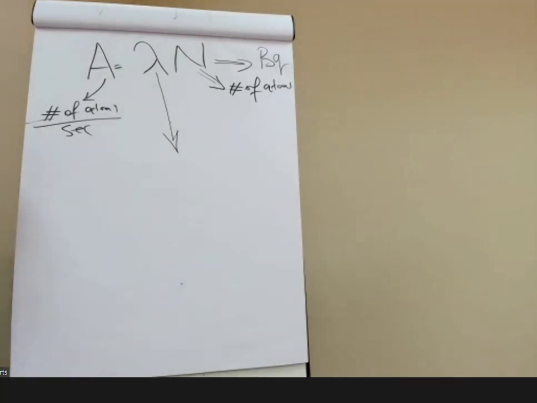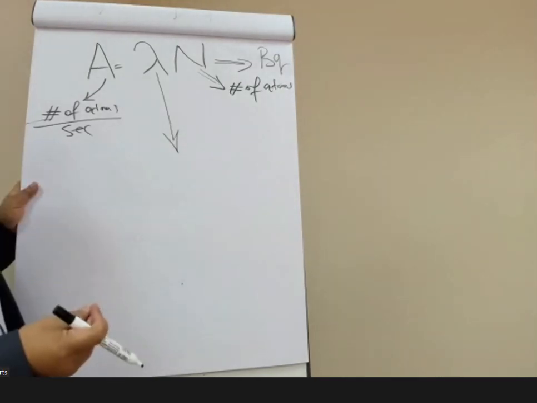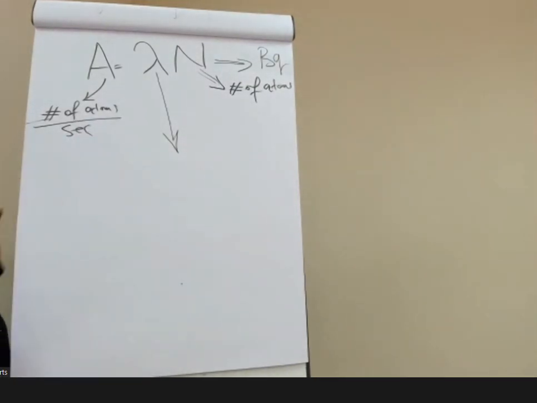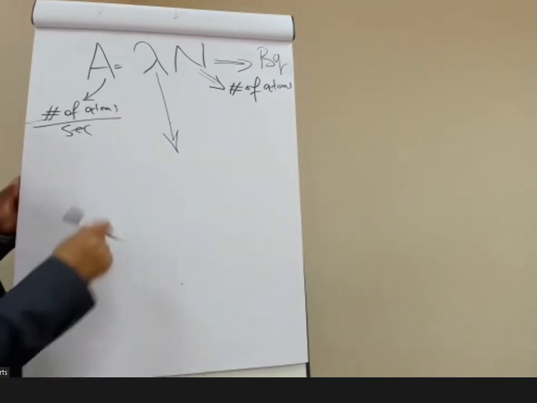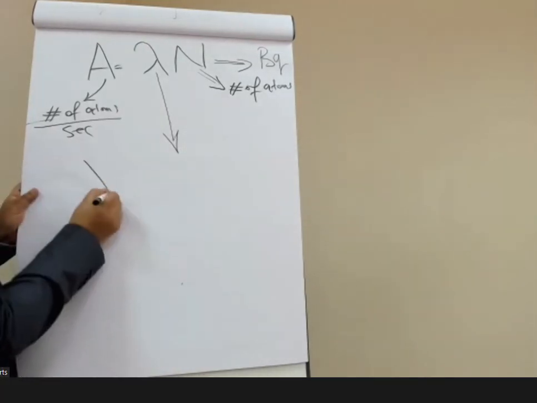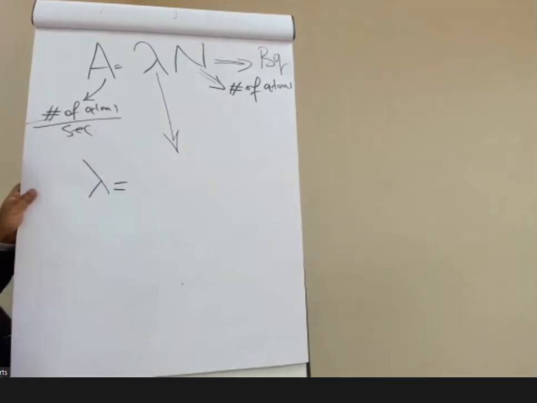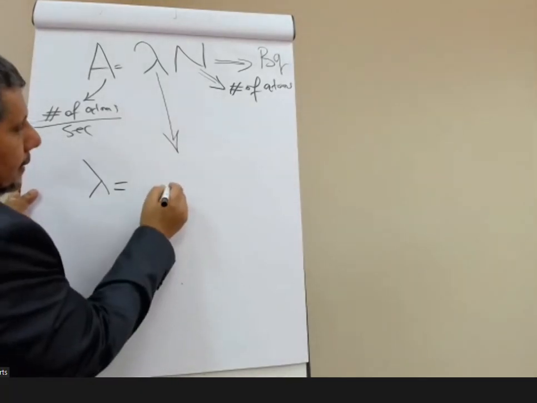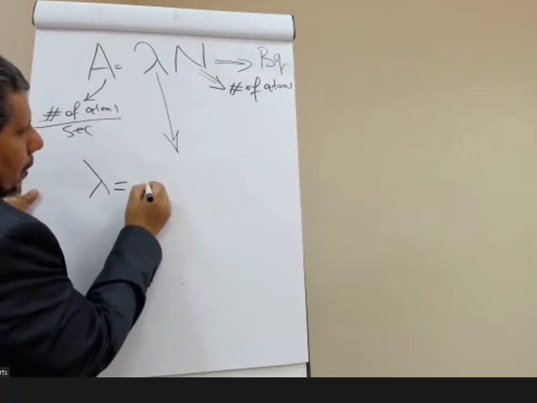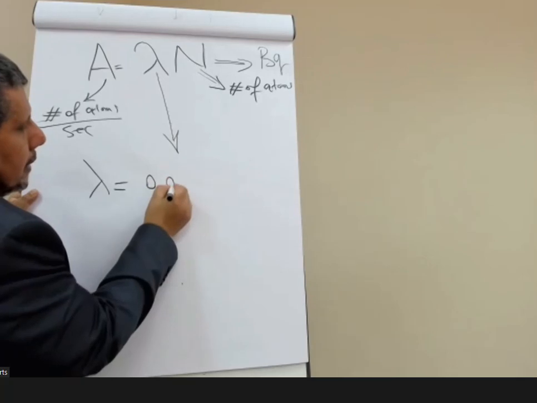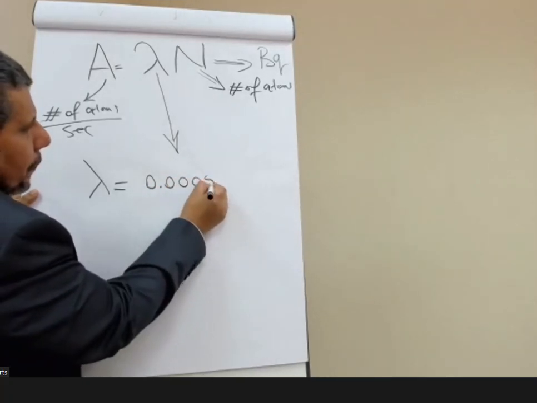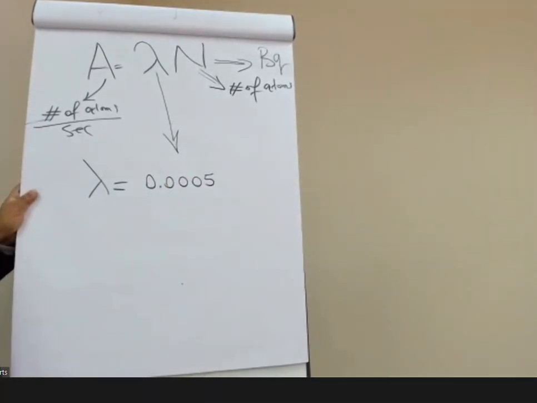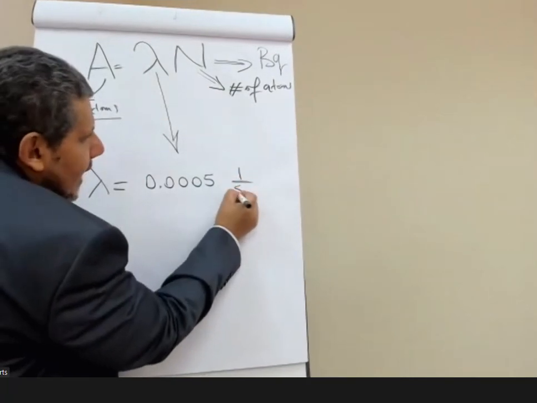Physical meaning. Now, I'm not speaking about the mathematical constant. I'm speaking about what is the meaning of this constant. Let's take, assume lambda is given in an exam as 0.0005 1/second.